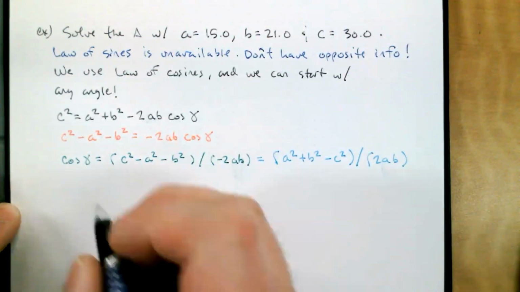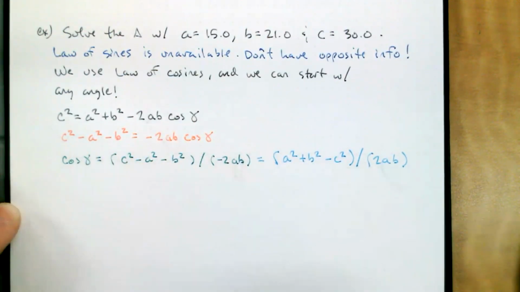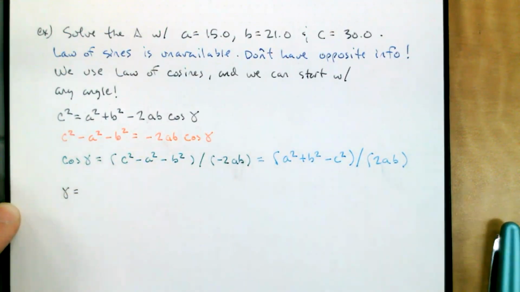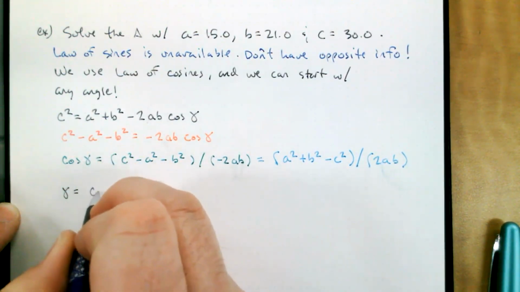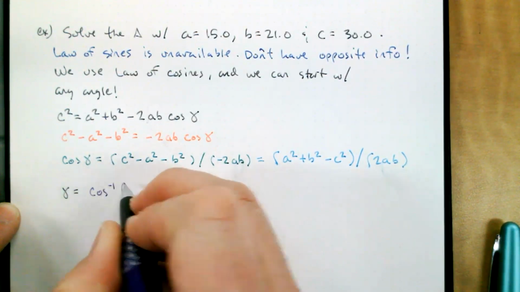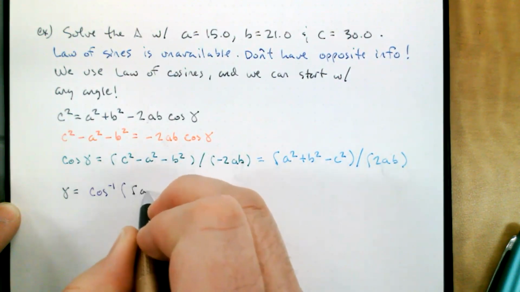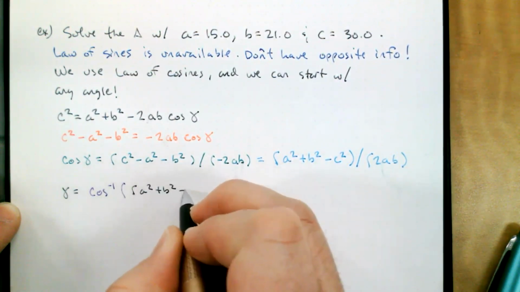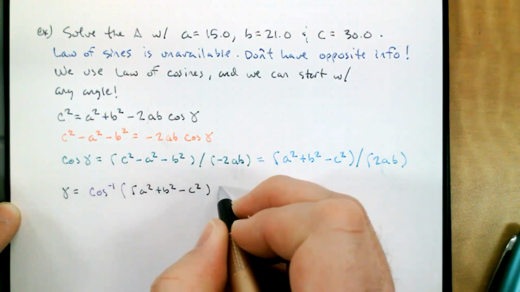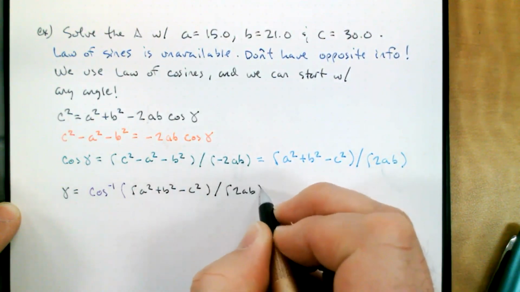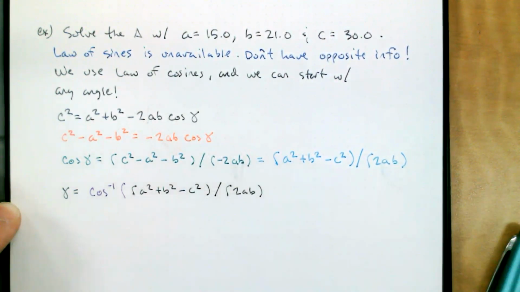So the last thing would be to say that gamma is cosine inverse of a squared plus b squared minus c squared, close the numerator, divide, open the denominator, 2ab, close the denominator, close the cosine inverse.